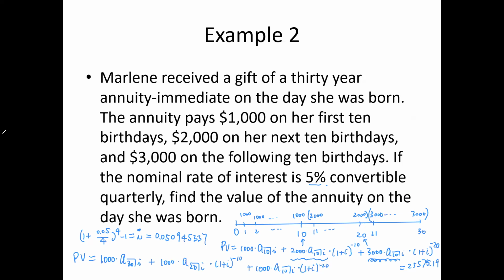Okay. So let me explain a little bit more. Originally I have this annuity. Okay, so I have 2000, 2000, 2000, and 3000s actually. So what I did was separate them into the following.